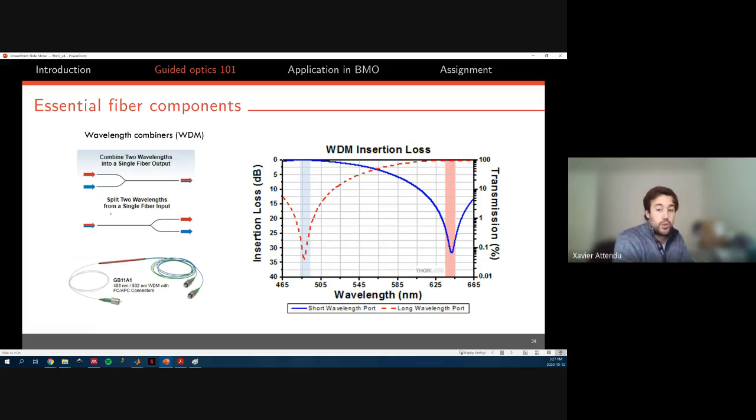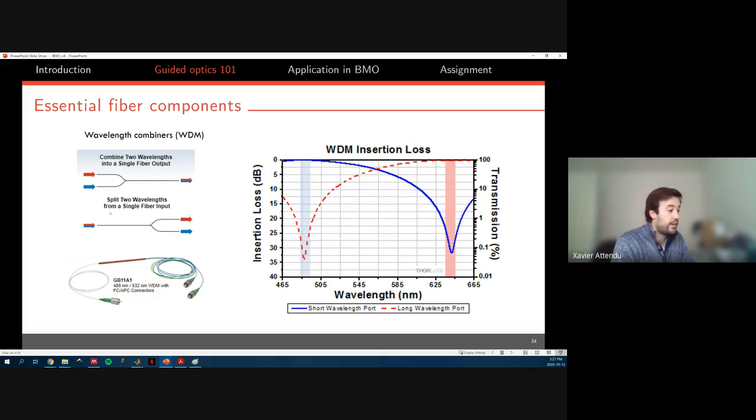And what you have to understand here is that the mode constants, the beta values, are different for different wavelengths, and let's say you're taking two different fibers and fusing them together, you have no guarantee that this final fiber at the output will guide effectively all the wavelengths, right? And more importantly, in biomedical applications, or in a lot of applications, you have no guarantee that it will do so in a single mode manner.